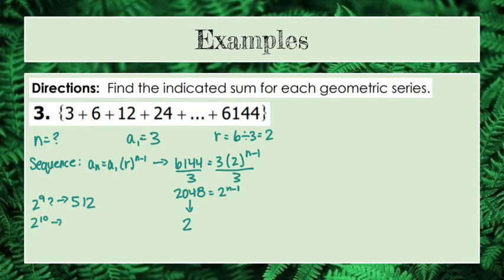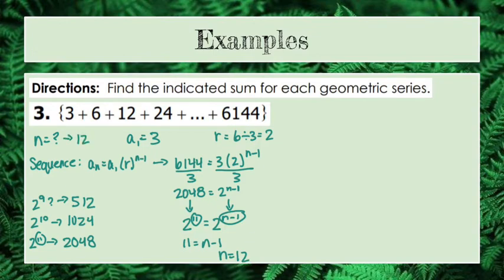So 2 to the 10th power equals 1024. 2 to the 11th power equals 2048. So we can rewrite 2048 as 2 to the 11th power. And that is equal to 2 to the n minus 1 power. So that means that 11 and n minus 1 have to equal each other. So n equals 12. So instead of a question mark, we now know that n is equal to 12.